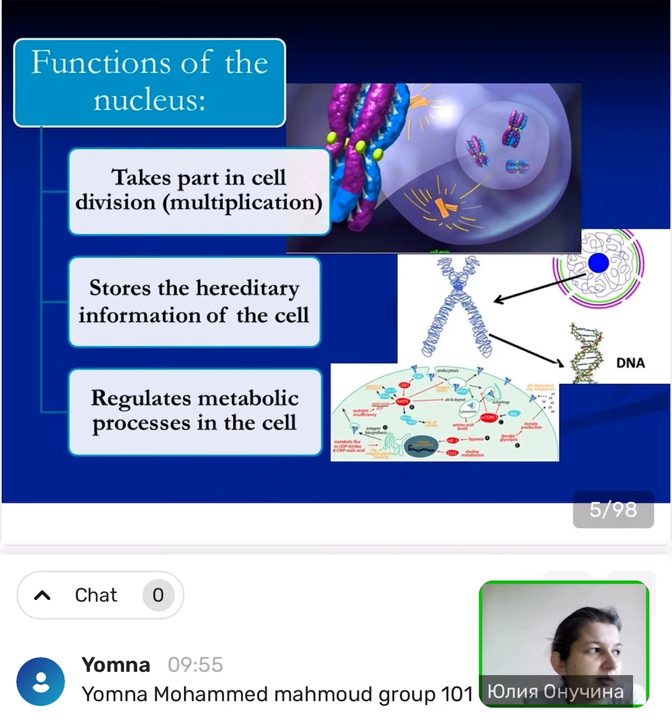All processes in our cell must be catalyzed by enzymes. All enzymes contain a protein part or are proteins as a whole, and all proteins are synthesized on the matrix of DNA.